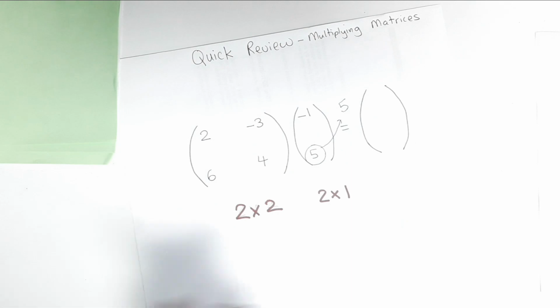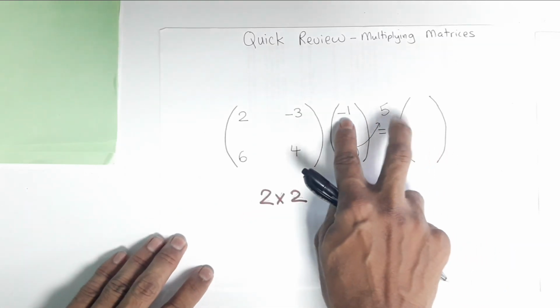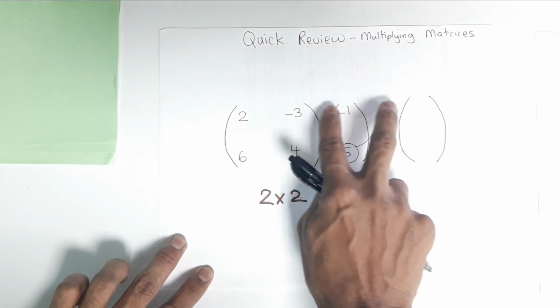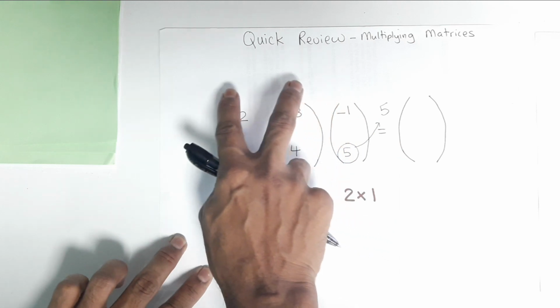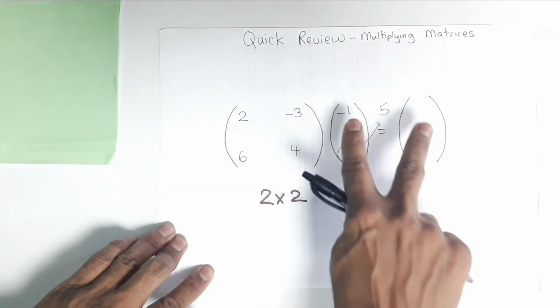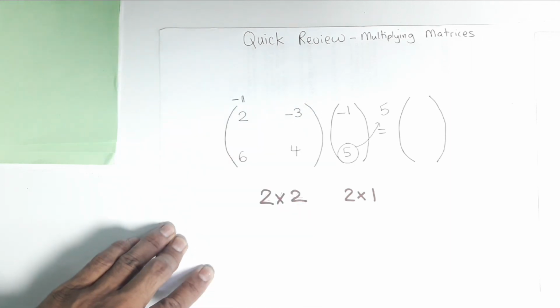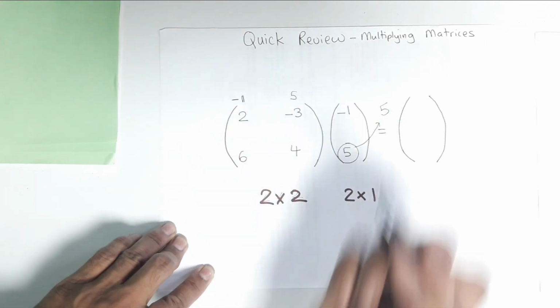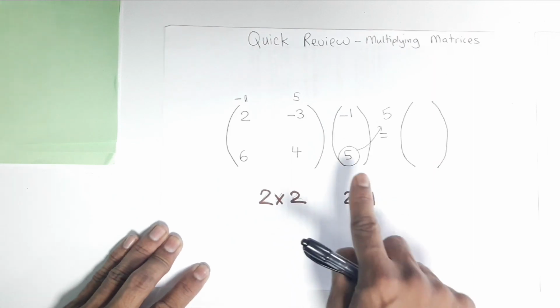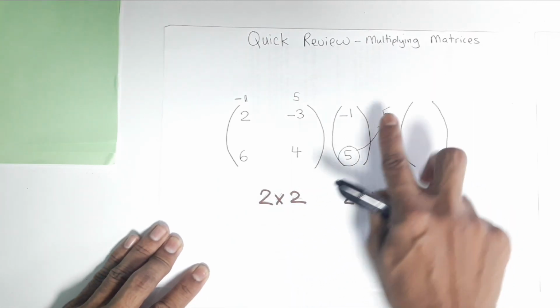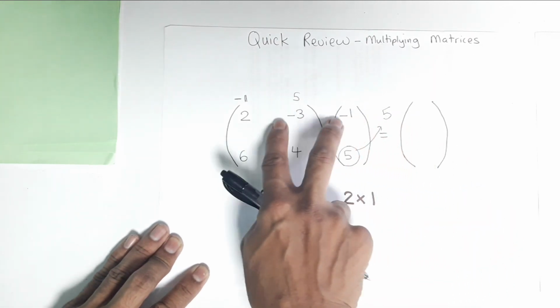Here's what I want you to do now. Pretend this minus 1 and 5 walk across here. If they walk across and keep the same order, the minus 1 will go on top here, and the 5 will end up on the minus 3. Let's do that again. The 5 swings up to the top, and these two numbers walk across.